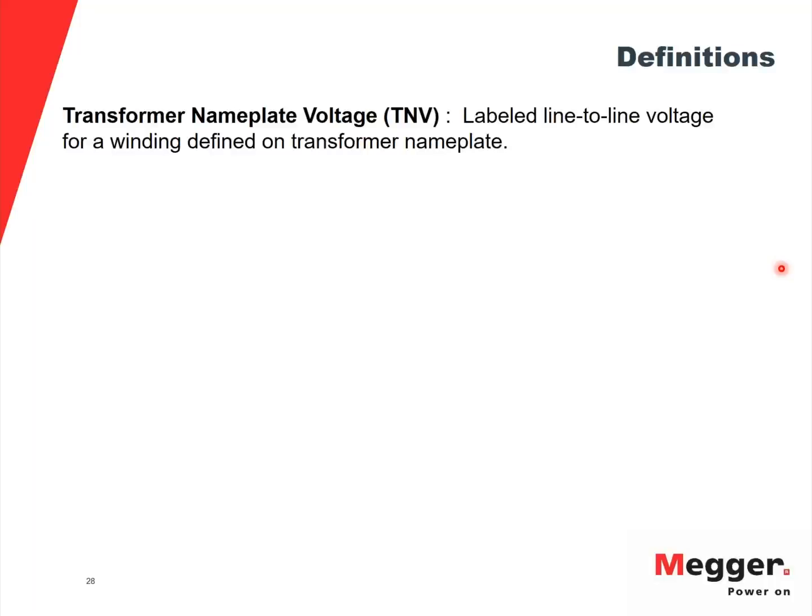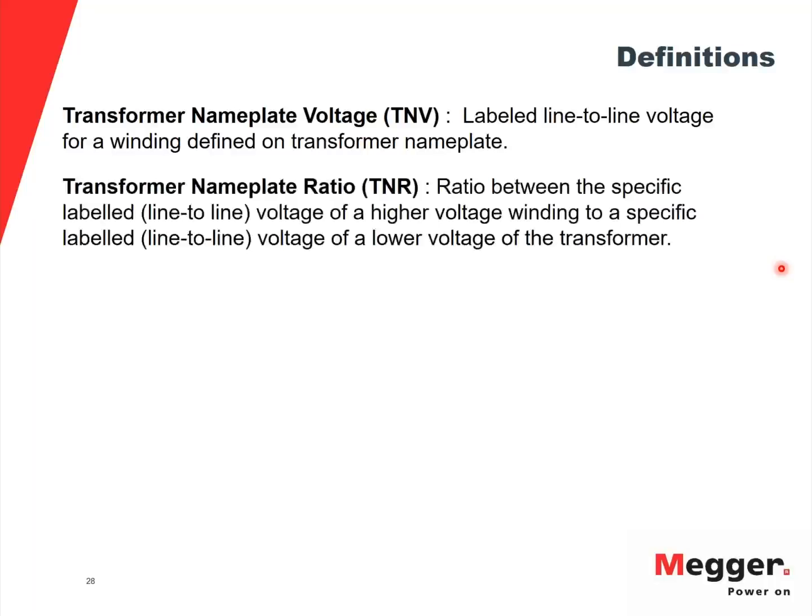The other term you might run into is the transformer nameplate ratio. It's the ratio between the line-to-line voltage of a high voltage winding to the line-to-line voltage of a low voltage winding. I want to stress that the transformer nameplate ratio looks at the line-to-line values.